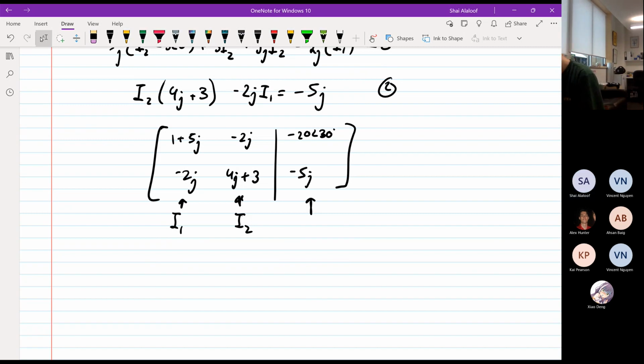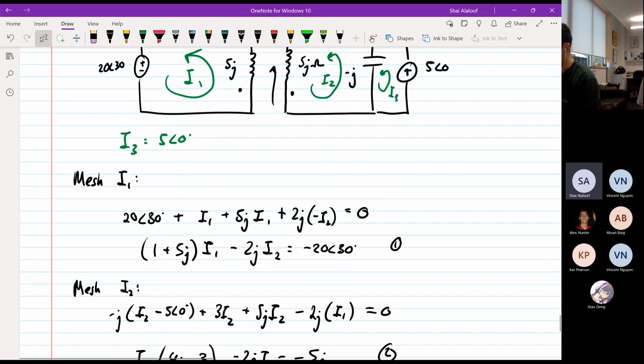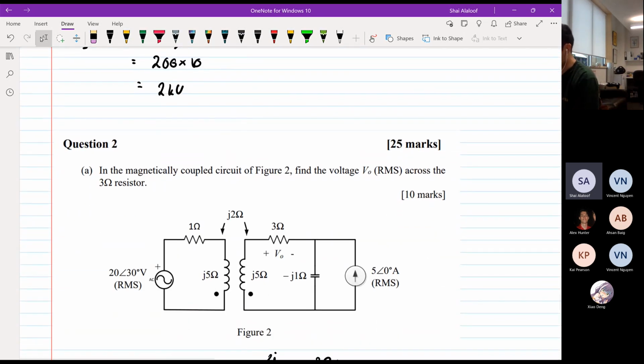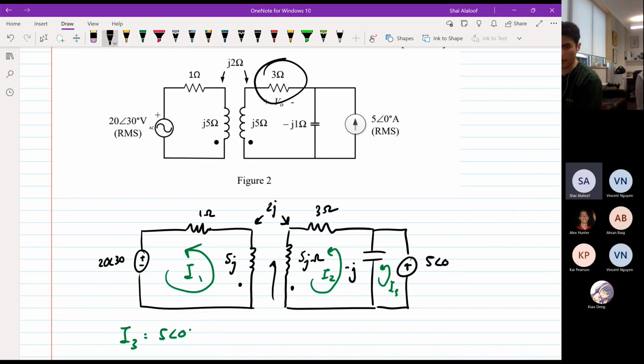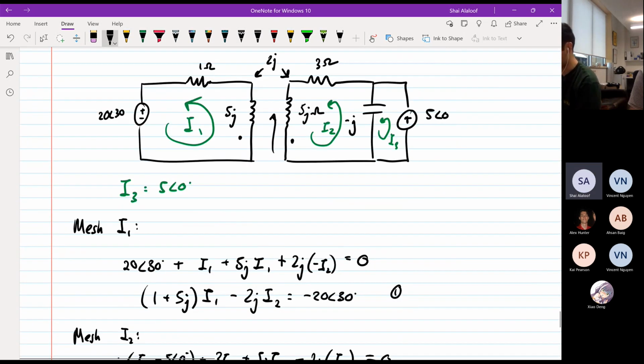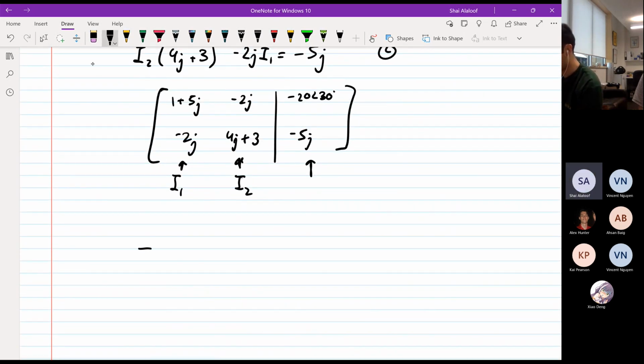So what did we want to find? We wanted this voltage, and so we were interested in I2, right? Because that's the current that goes through the resistor. So if I want to solve for I2, I'm going to take the determinant of the same matrix, but with the I2 column replaced with the solution vector.